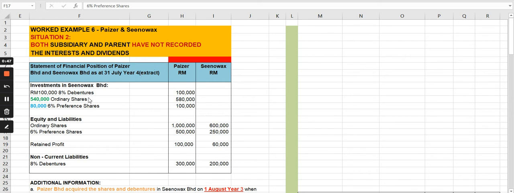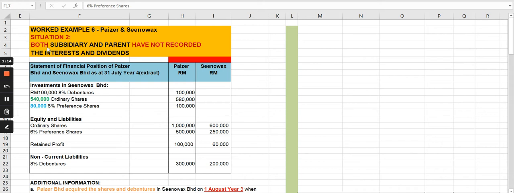So the consolidation adjustment will depend on how this intra-group transaction has been dealt with by the parent as well as by the subsidiary. Three situations may arise, where the first situation has been discussed in my video before this. You can check the link down in the description.